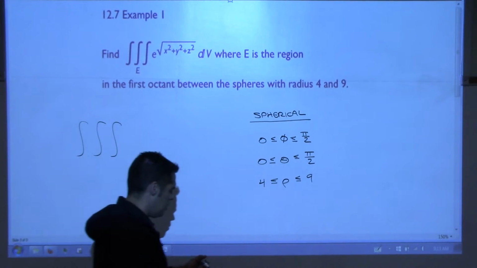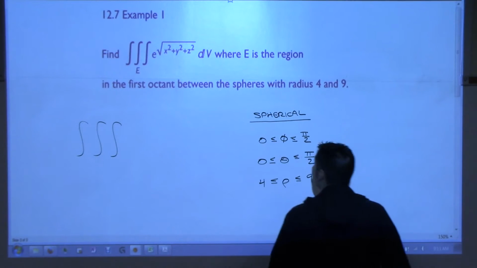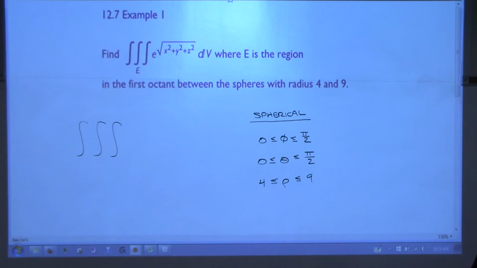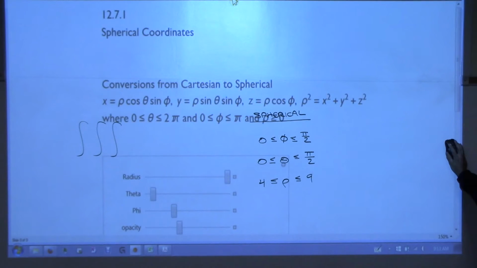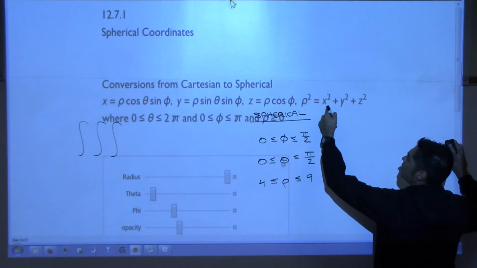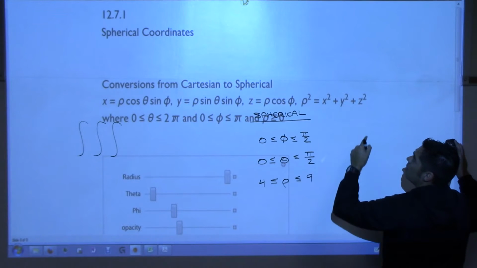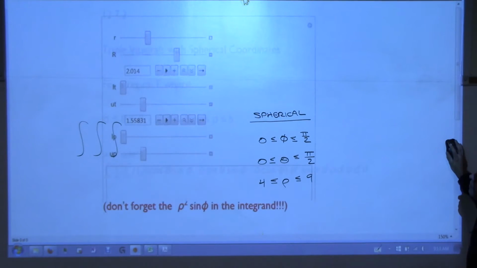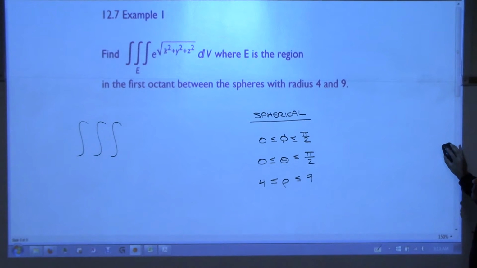E to the square root of x squared plus y squared plus z squared. Well, remember earlier when I had this note up here that rho squared is x squared plus y squared plus z squared. So if I take the square root on both sides, this inside piece is x squared plus y squared plus z squared, which is rho squared.